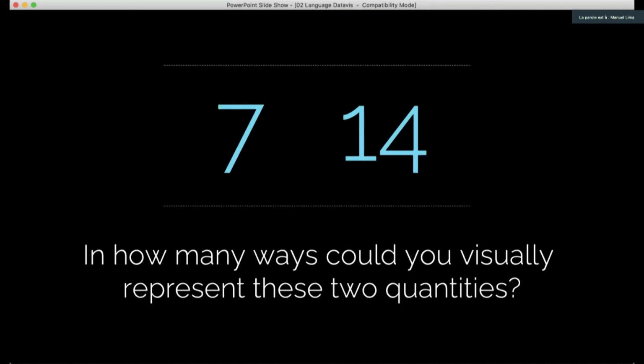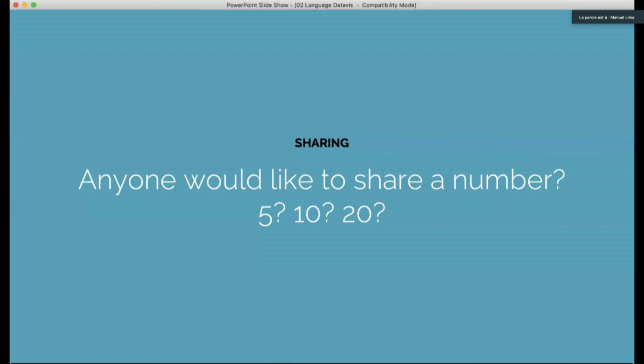So normally when I do this challenge and I'm looking at the audience, and I give them maybe 5 minutes or so, you might have people that create maybe 15 ways, 20 ways, but it is really infinite if you think about it. If you had all the time in the world, there's almost infinite ways of visualizing any two quantities, right? In this case, 7 or 14.